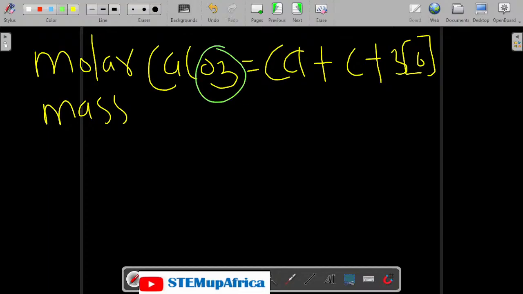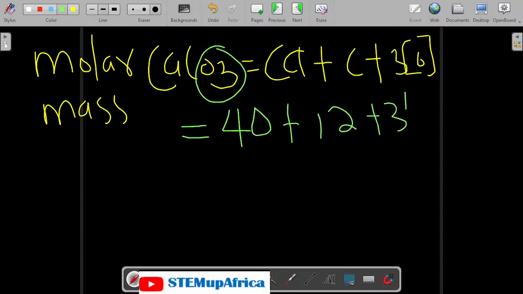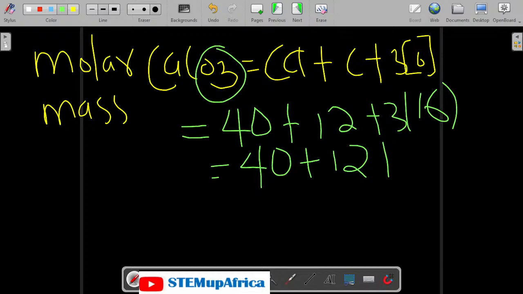What is the atomic mass of calcium? It is 40, plus carbon is 12, plus 3 bracket 16, oxygen is 16, which is 40 plus 12 plus 48. That will give us 100 grams per mole.